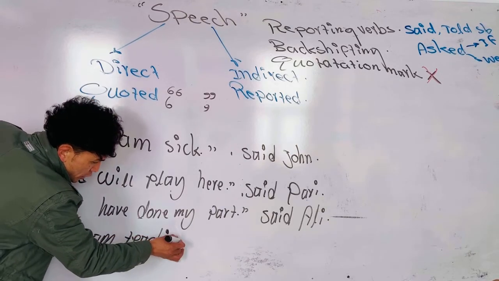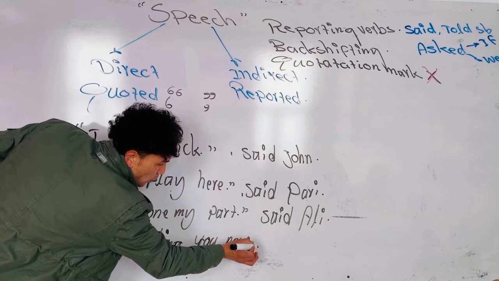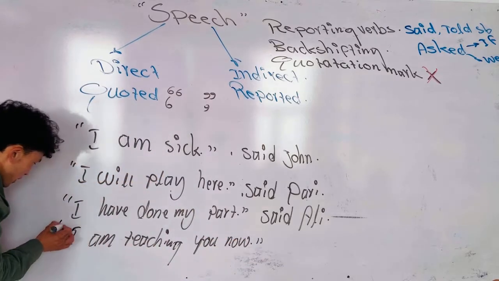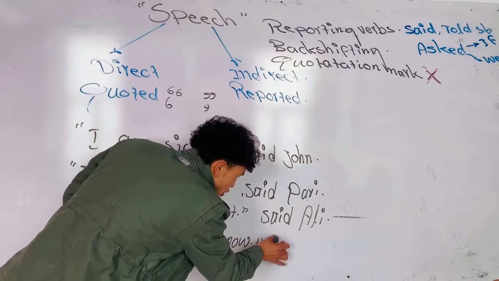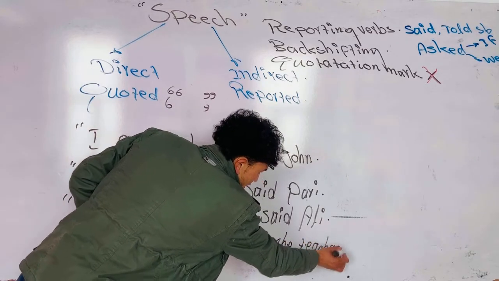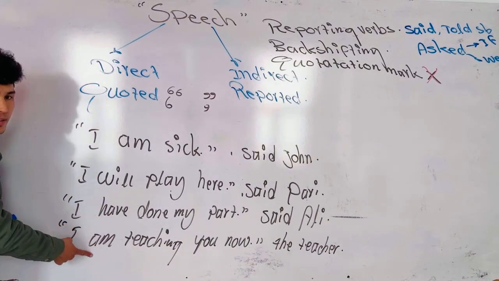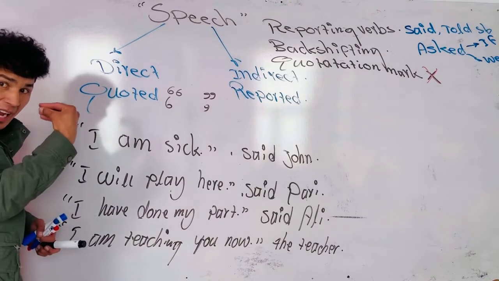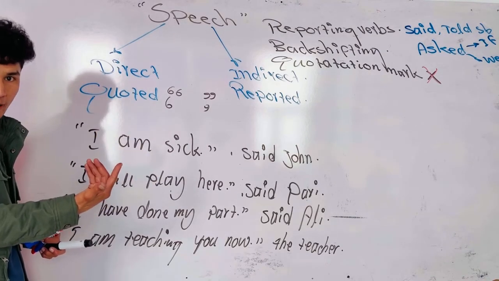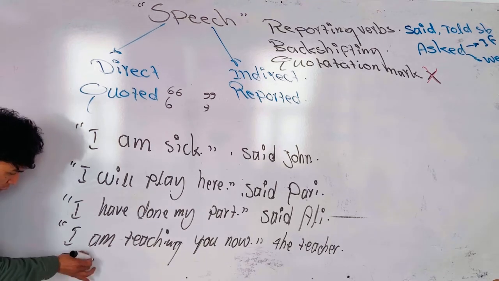I'm teaching you now. Said who? The teacher, for example. The teacher said, I'm teaching you now. What tense is it now? This is present continuous tense. You understood? Okay?